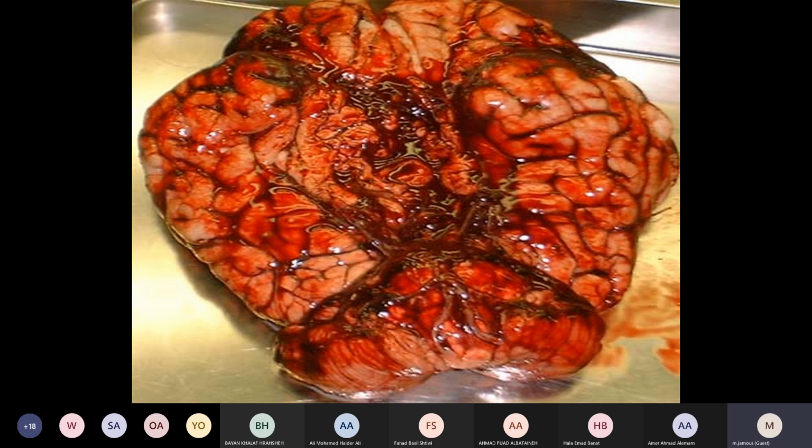So this kind of hemorrhage is different from other types of hemorrhage, where the hemorrhage affects the temporal lobe, the occipital lobe, or the frontal lobe. Subarachnoid hemorrhage affects the whole brain. This is special for subarachnoid hemorrhage.